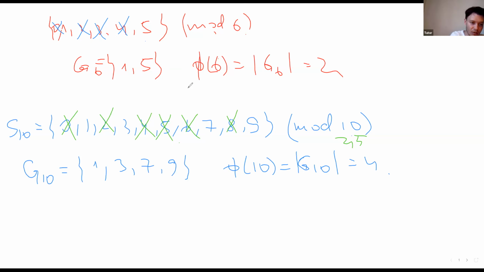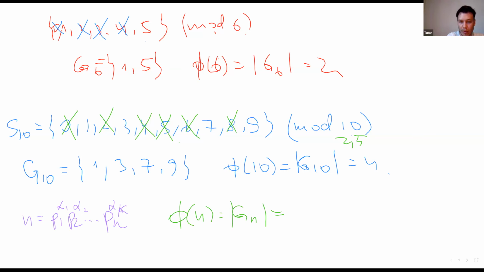If n is equal to its prime factorization, p1 to the alpha 1, p2 to the alpha 2, all the way until pk to the alpha k, so let's say that n is made out of these prime factors, then if you wanted to compute phi of n and figure out how many good numbers there are for n, which is the size of Gn, this is going to be equal to n times 1 minus 1 over p1, times 1 minus 1 over p2, all the way until 1 minus 1 over pk. So this is the formula for phi of n.